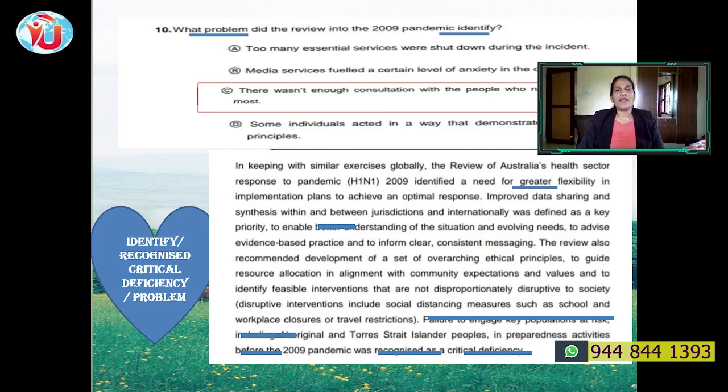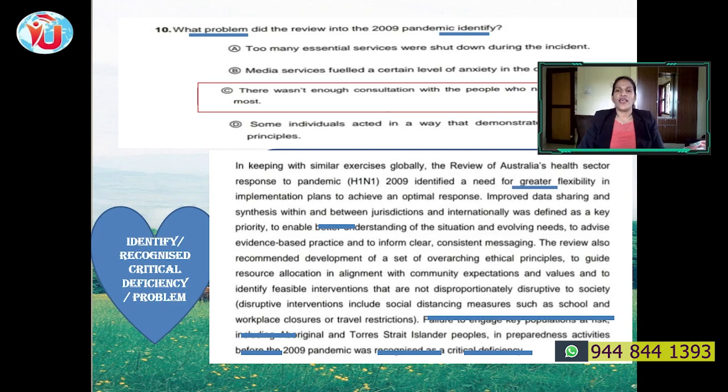In keeping with similar exercises globally, the review of Australia's health sector response to pandemic 2009 identified a need for greater flexibility, you see here, in implementation plan to achieve an optimal response.